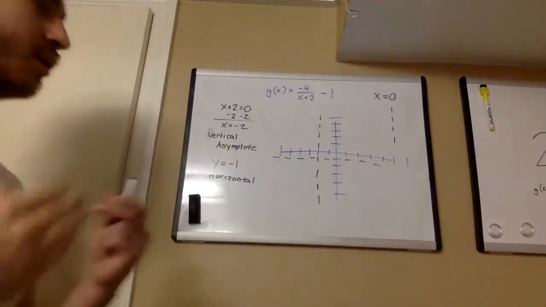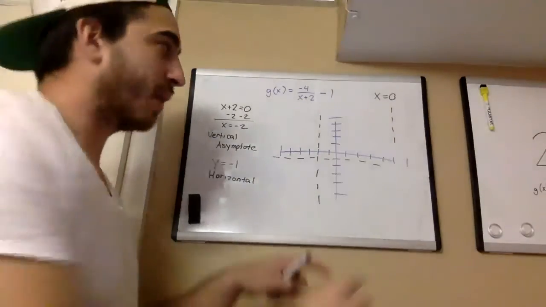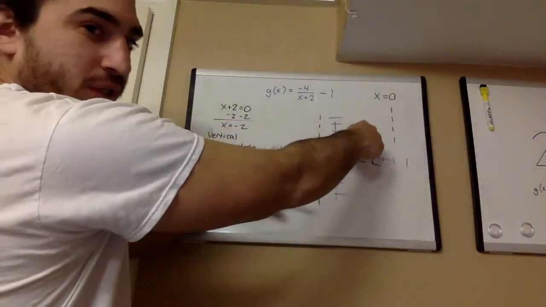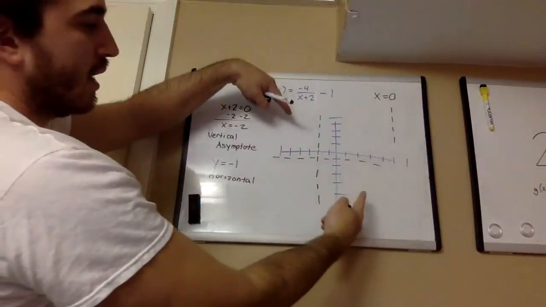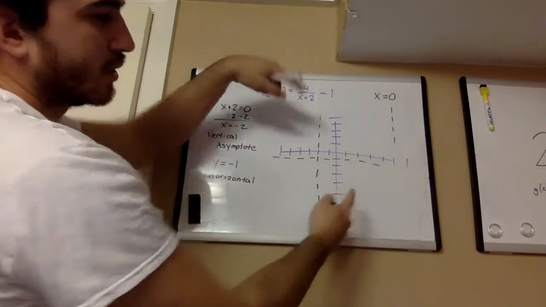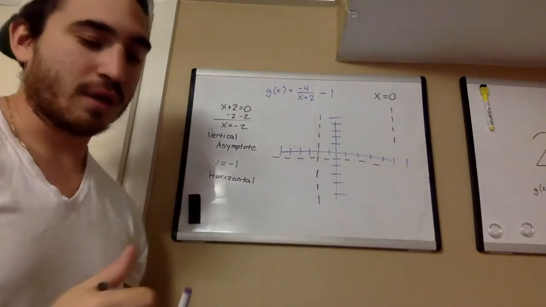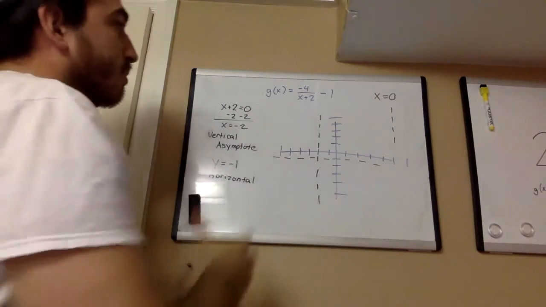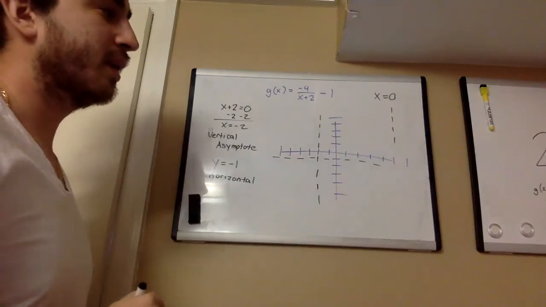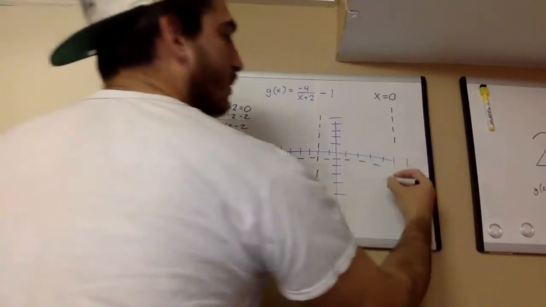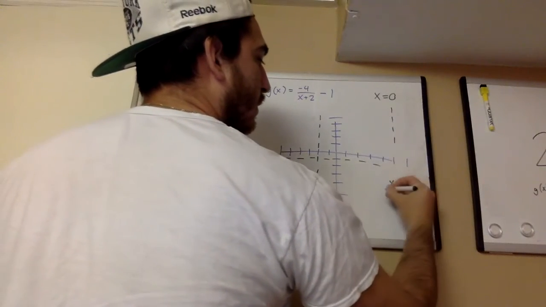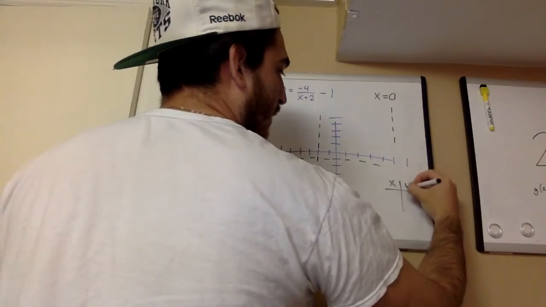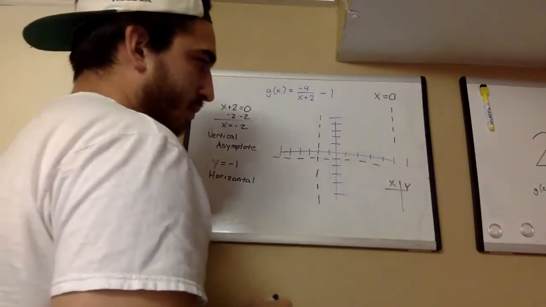Now your graph is going to have two options. You're either going to have two graphs in these two quadrants, or you're going to have a graph in these two quadrants. They're always going to be opposite of each other. So now we just put this equation into our calculator and we end up getting a table. So we have x, y. Let's make ourselves a little table real quick.